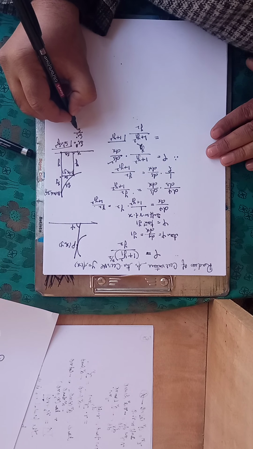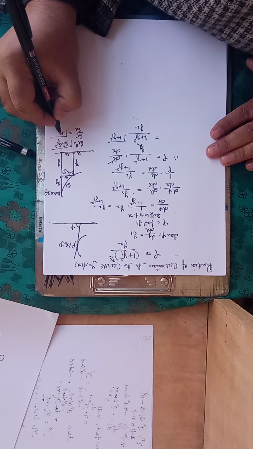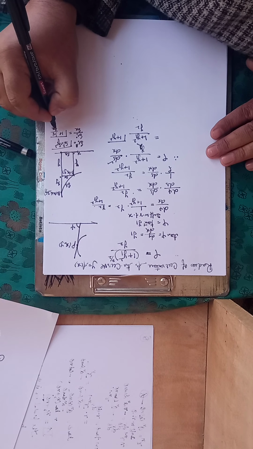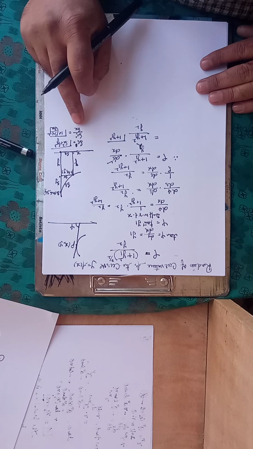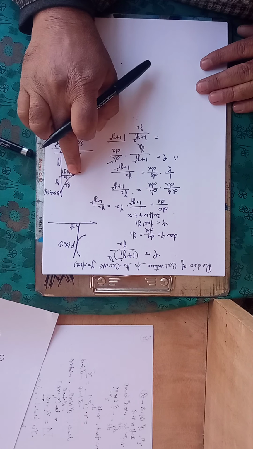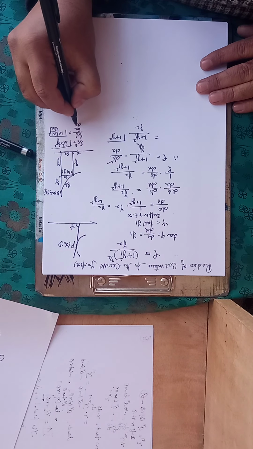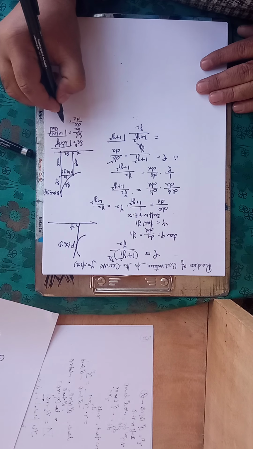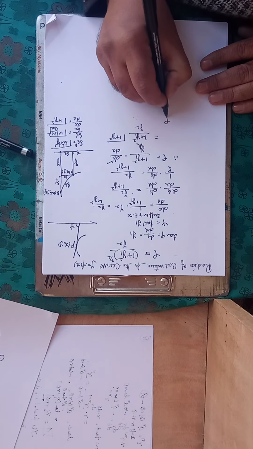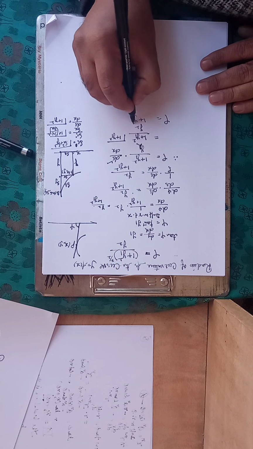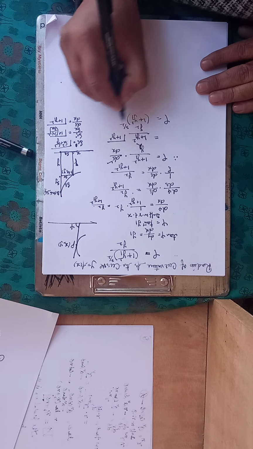So delta s by delta x will be under root of 1 plus (delta y by delta x) square. Taking limits as delta x approaches 0, at P, you will get ds by dx is under root of 1 plus y1 square. That is it. So your rho is (1 plus y1 square) whole raised to the power 3 by 2 divided by y2.